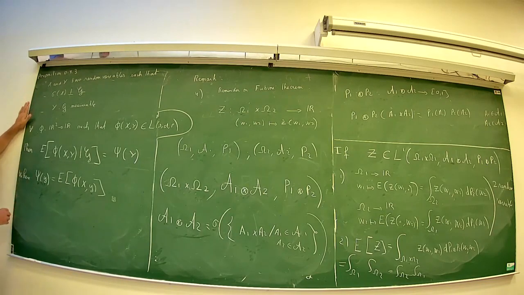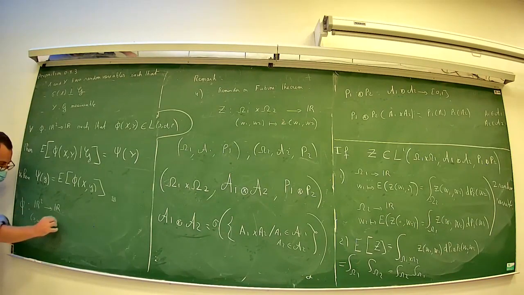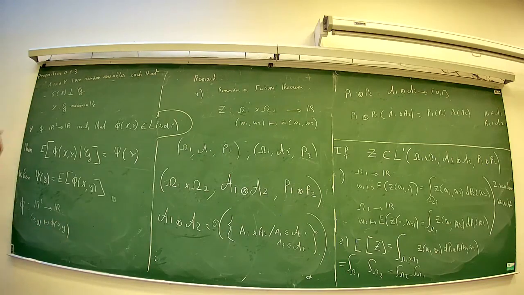If I take phi from R squared to R, that associates to (x, y) the value phi(x, y).